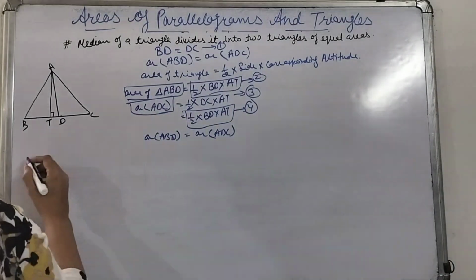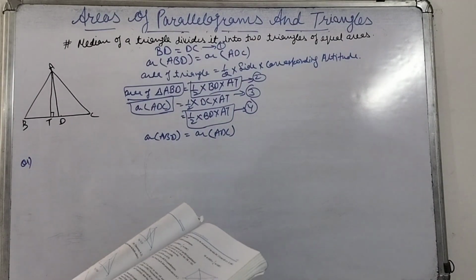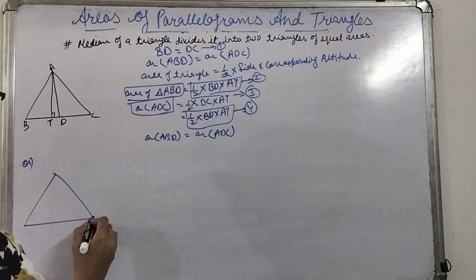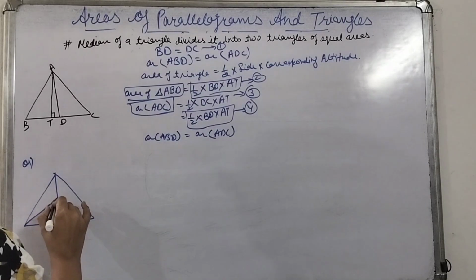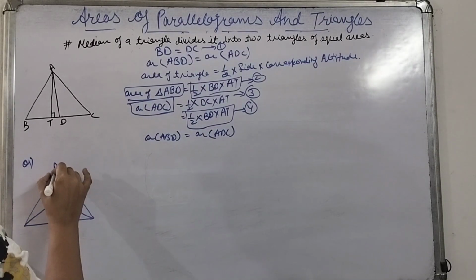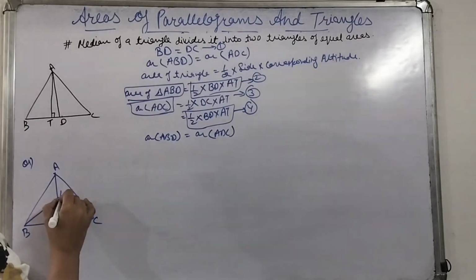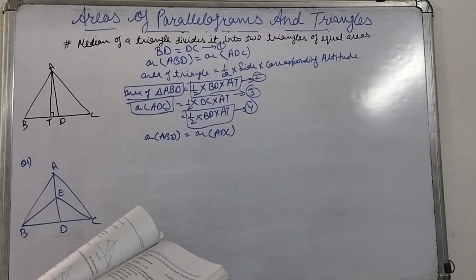First of all, we are taking question number 1. In figure 9.23, first of all I am making the figure. It is point A, point B, C, D, and E. E is any point on median AD.